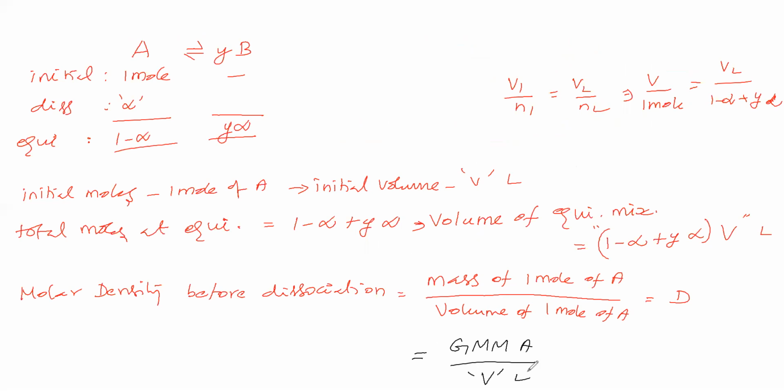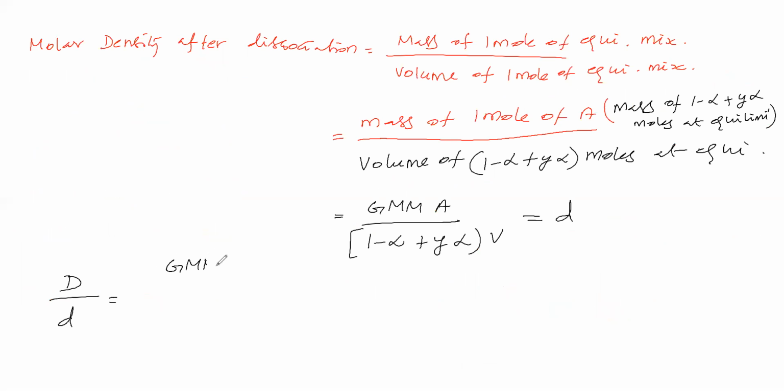So capital D is the gram molecular mass of A by V, and small d is the gram molecular mass of A by (1 minus alpha plus Y alpha) into V.